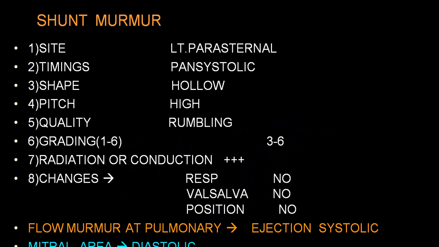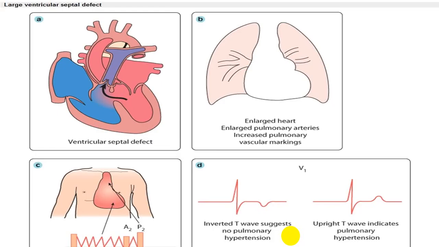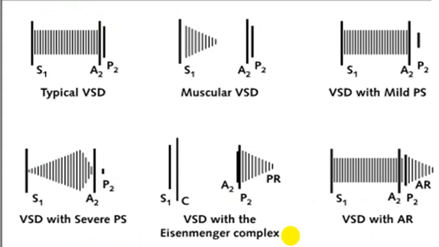You can have a flow murmur at the pulmonary valve because of increased blood flow from RV into pulmonary circulation, producing an ejection systolic murmur, which we call a flow murmur. Also, you will have a diastolic flow murmur, which is a mid-diastolic murmur at the level of the mitral valve because of increased blood flow from LA into LV. So these are all the findings, the different types of murmur in VSD.